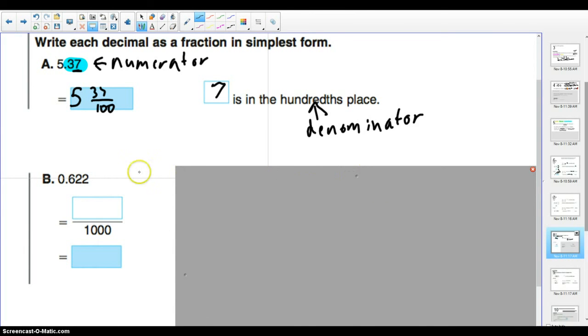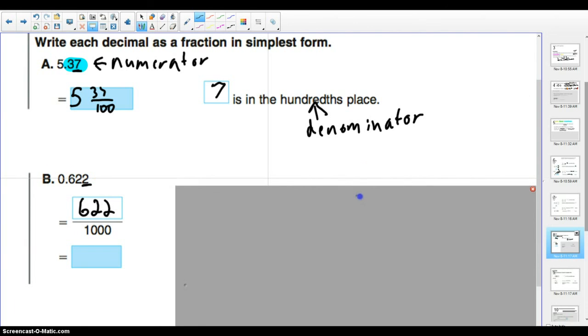So again, we look at our last decimal place, and that is the thousandths place. So we know our denominator is going to be 1000. And our numerator is going to be 622. Now, that is going to take a long time to find all the factors of.